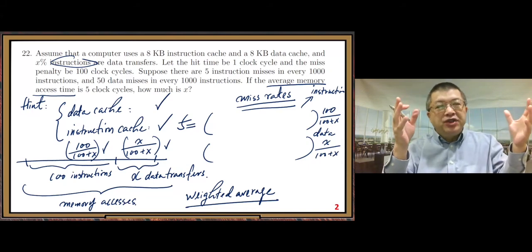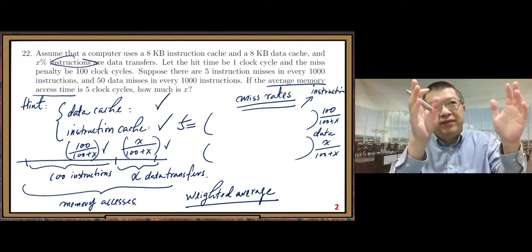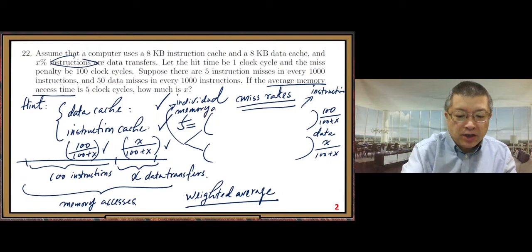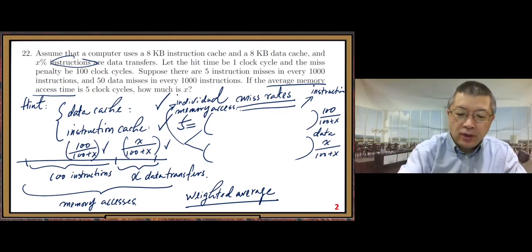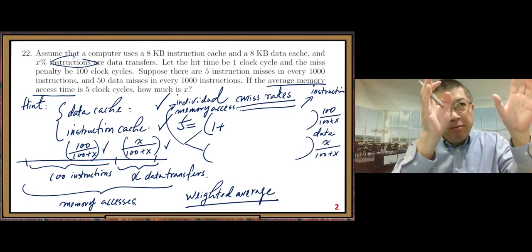Then inside the parentheses, each individual average memory access time. Now we can write that: hit time, 1 clock cycle, plus miss rate times miss penalty.